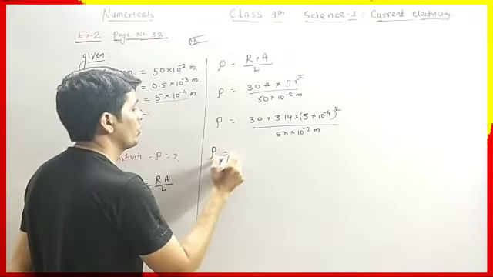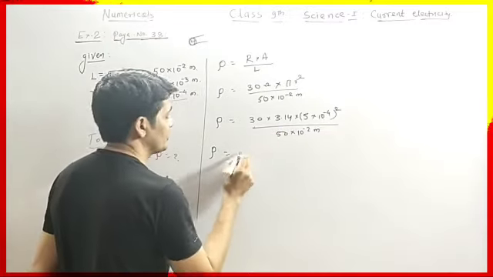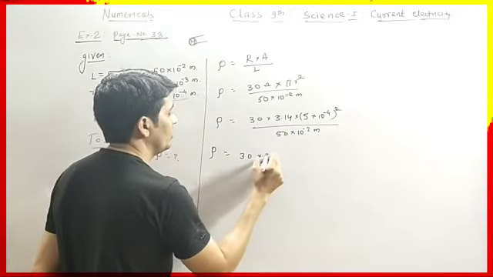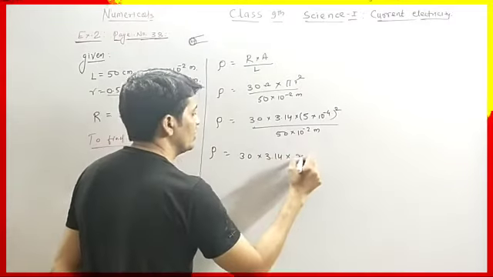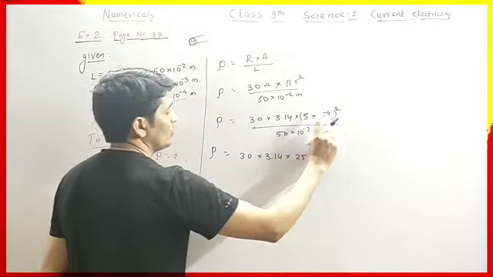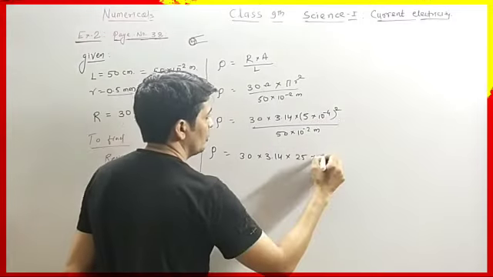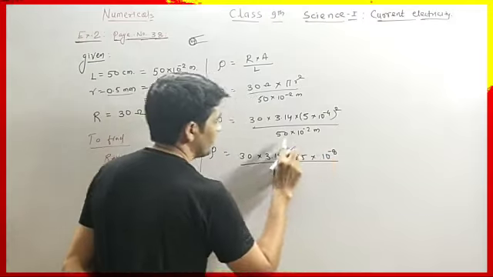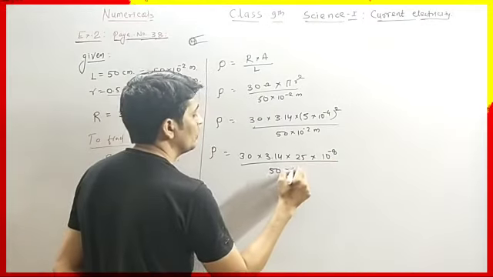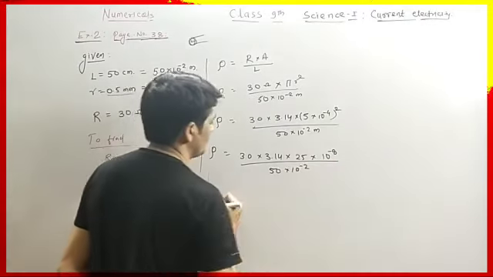So rho equals, we have to open this bracket first. So it is 30 into 3.14 into the square of 5, which is 25, into the square of 10 to the power minus 4, which is 10 to the power minus 8, divided by 50 into 10 to the power minus 2.